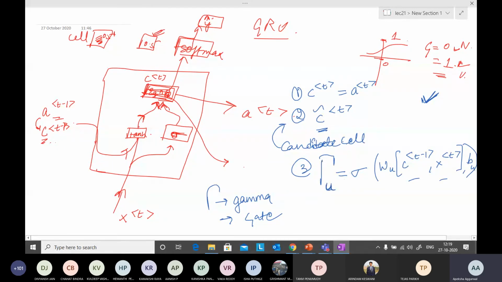If the gate returns 0, it will not be updated with the candidate. If it is 1, it will be updated with the candidate. And how is this candidate calculated? The candidate is nothing but the output from here. So whether this output is updated or not is decided by this gate.